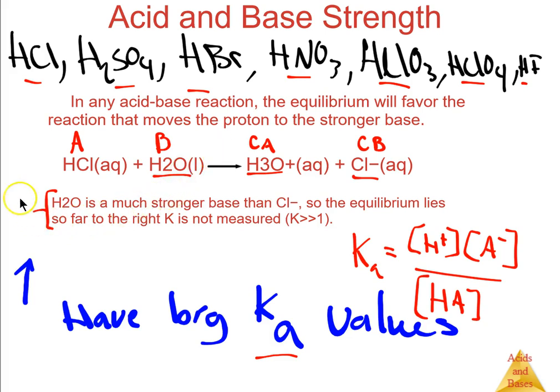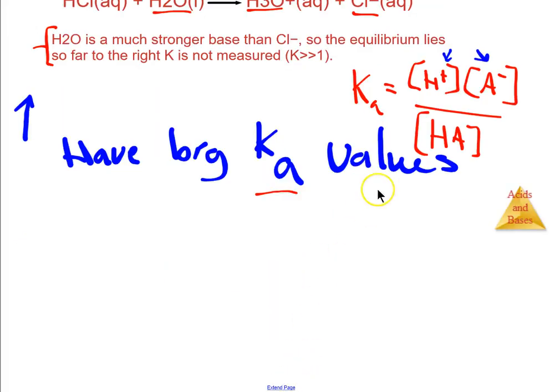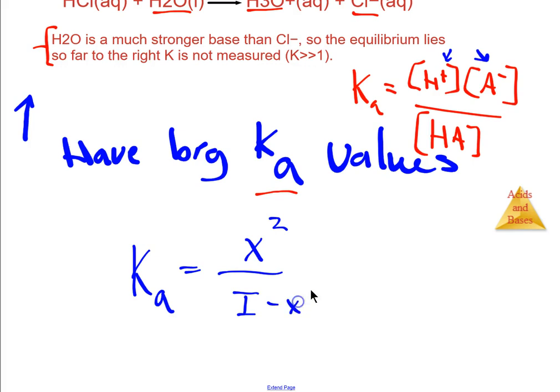Now, I'm kind of going out of order here, but the super nice thing about Ka, if you think about it, is that these two numbers are always equal, as long as it's a monoprotic acid, which it will be, because when HA broke apart, it broke into 1 H and 1 A. So Ka for just a weak acid, we typically say it's equal to x squared over my initial minus x. Now, here's what's even cooler.